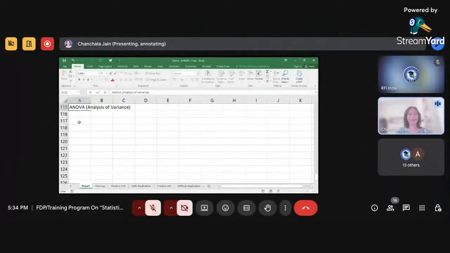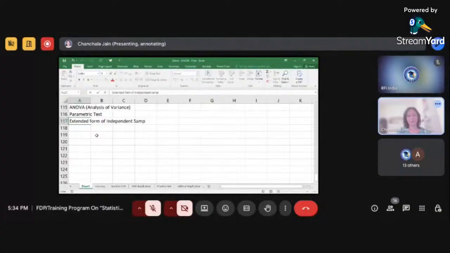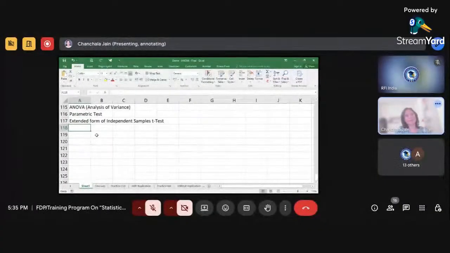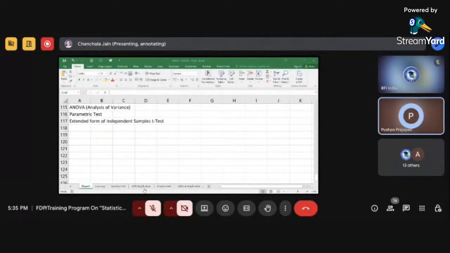So ANOVA is again a kind of parametric test, right? Second thing is, it is the extended form of independent sample t-test. So anyone who can tell me what is independent sample t-test?